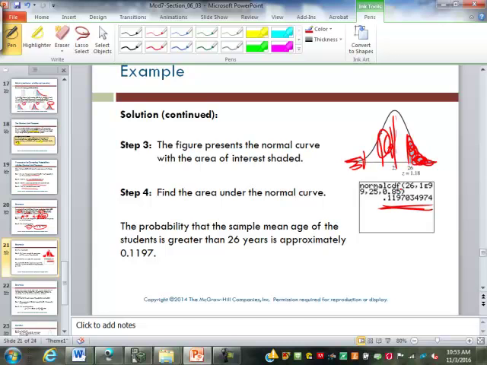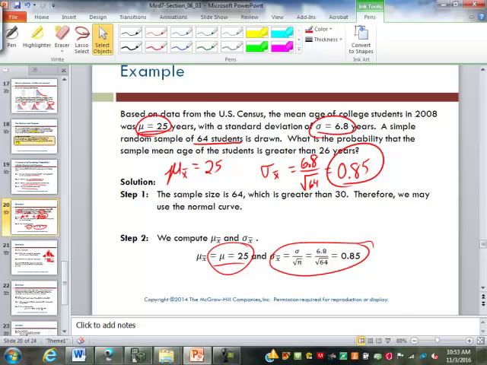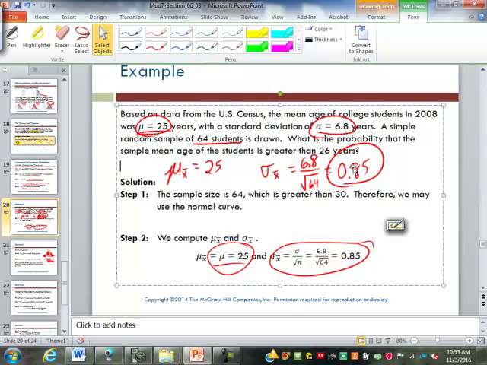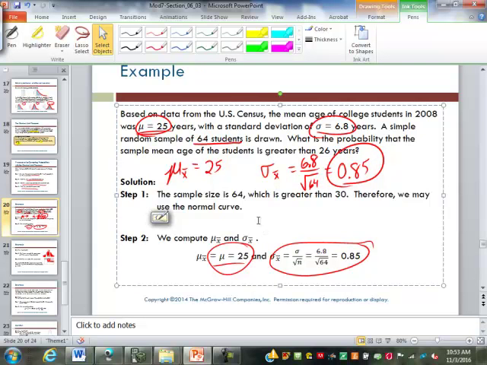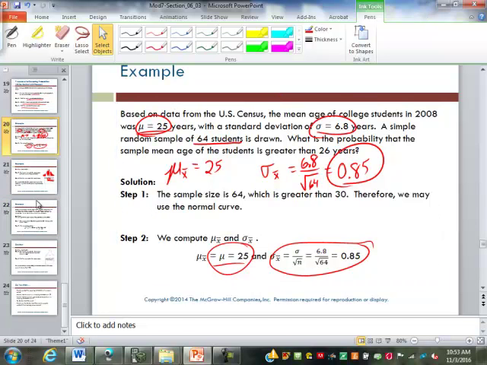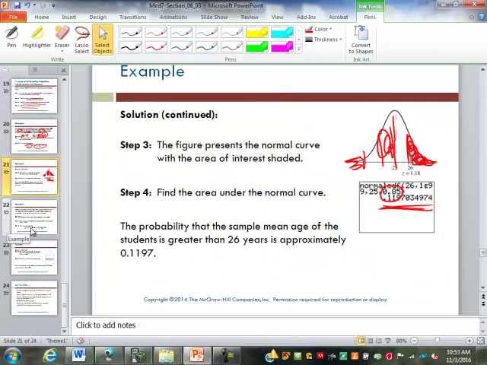All we have to do is make sure we're using the 0.85 for our standard deviation instead of the 6.8 for the individual values. Because if we're looking at the mean of a sample, its standard deviation is going to be the 0.85. So you do have to be careful when you're doing probabilities. Are we looking for the probability of the mean of a sample being in a certain range, or the probability of an individual value?